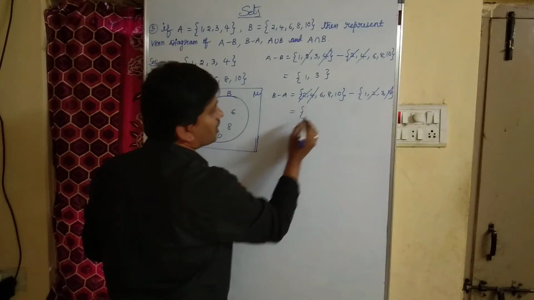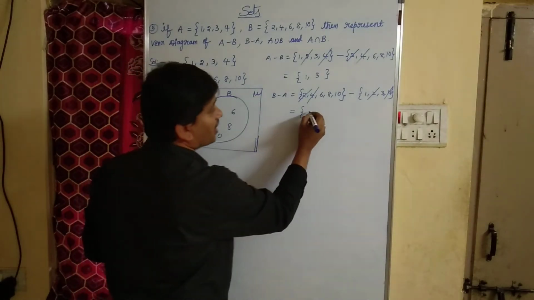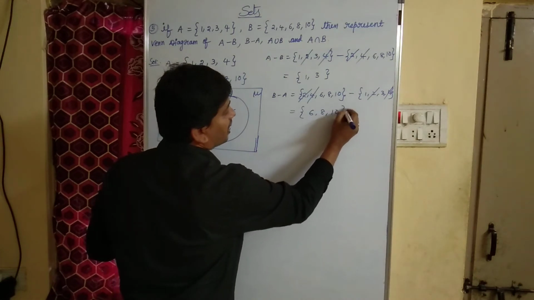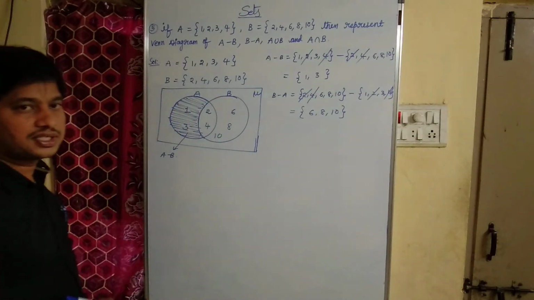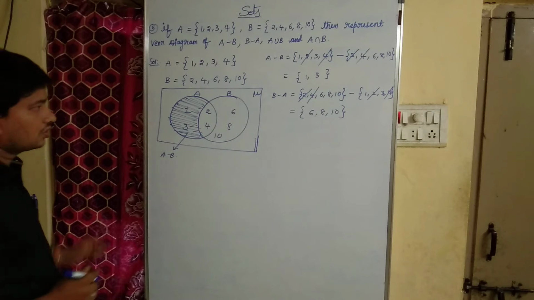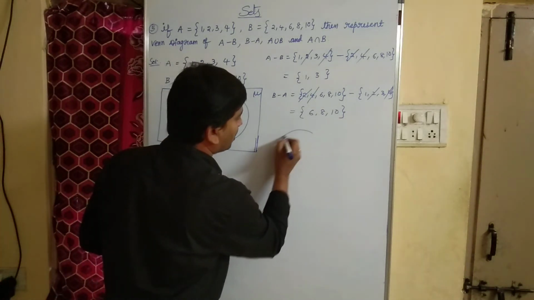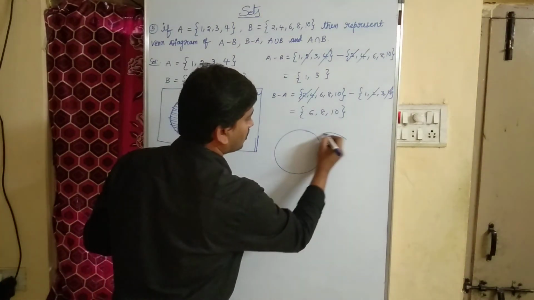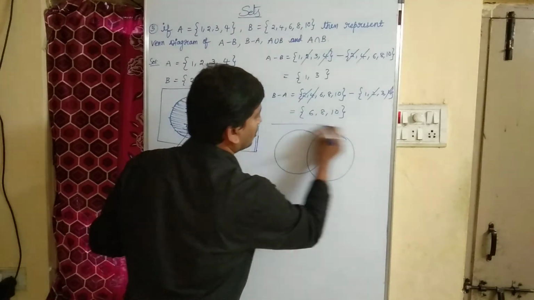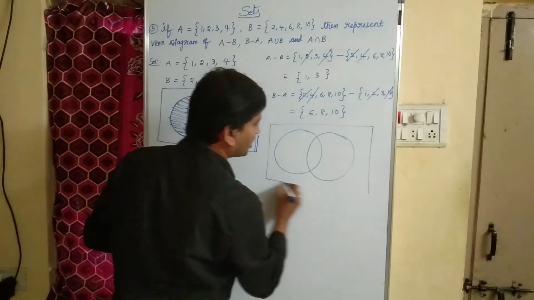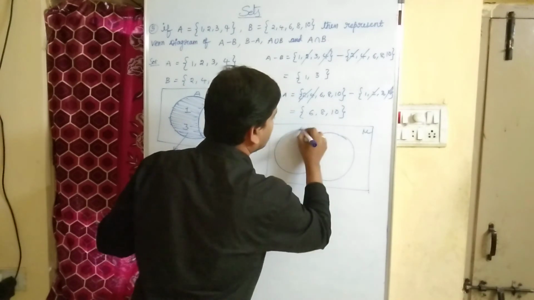So the remaining elements are only elements which are there in set B: 6, 8, 10. So let me represent here. This is our A. This is our B. The rectangle box indicates the universal set.